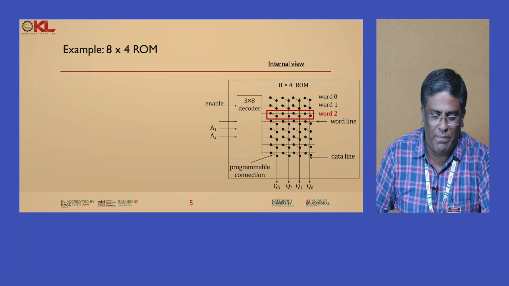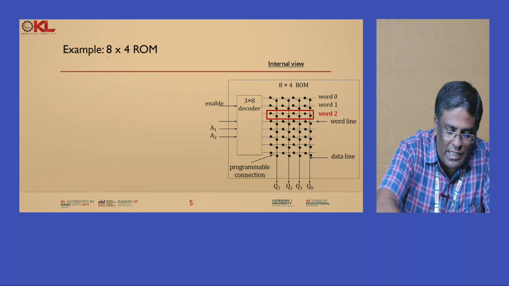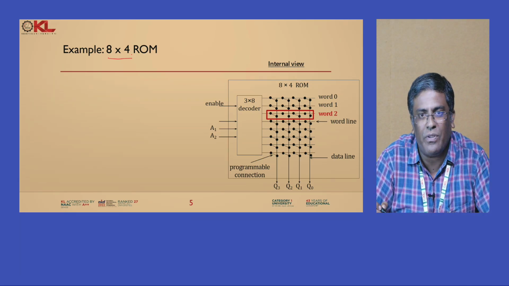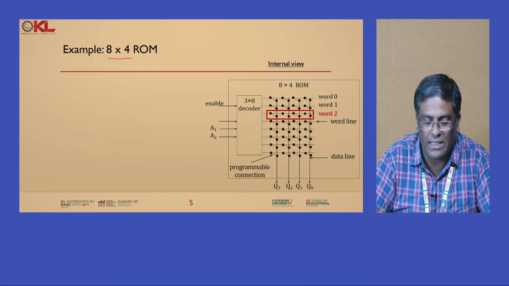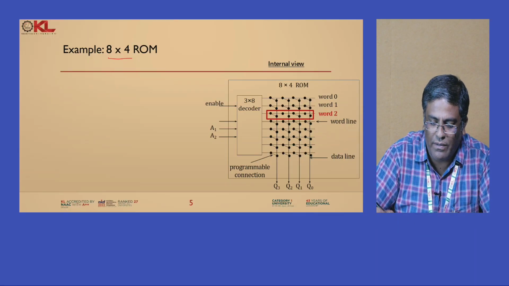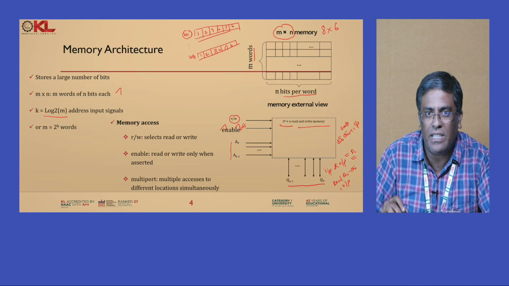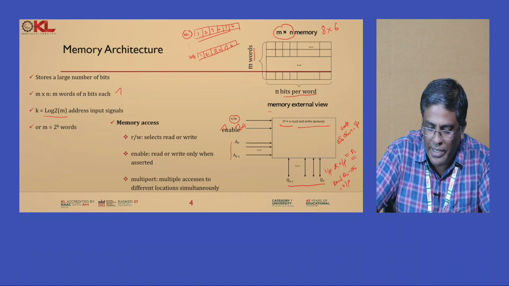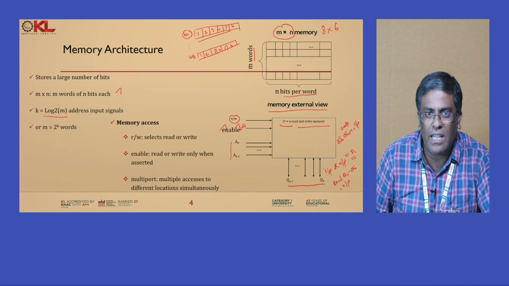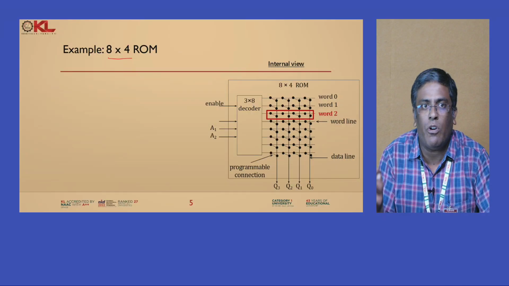Let's see one of the best examples, that is an 8 cross 4 ROM. Previously we saw the external view of the memory; let me see how the internal view of the memory is going to be.